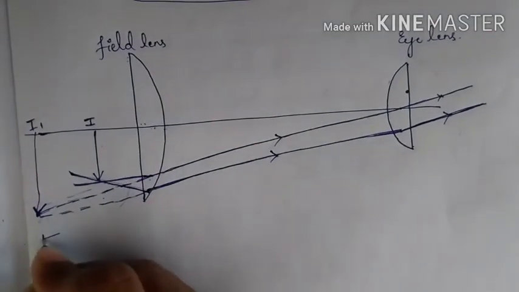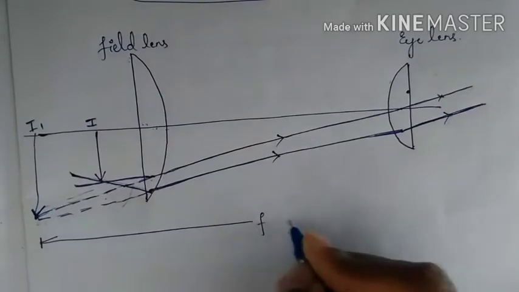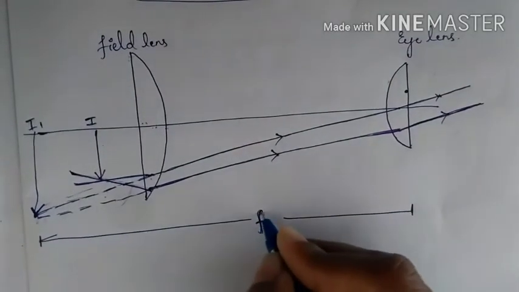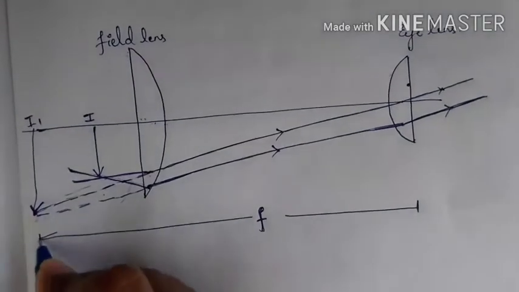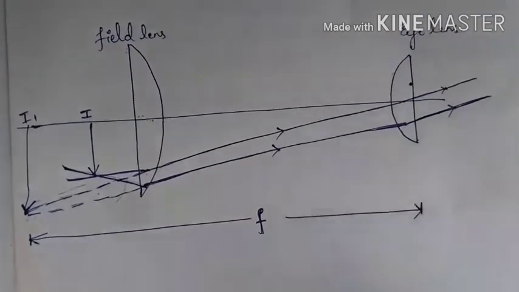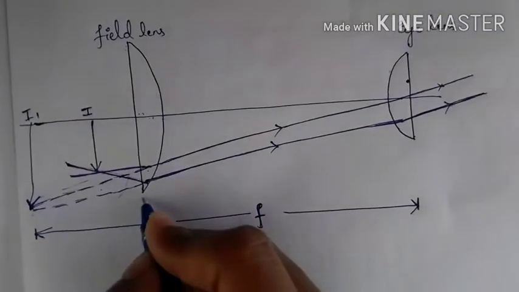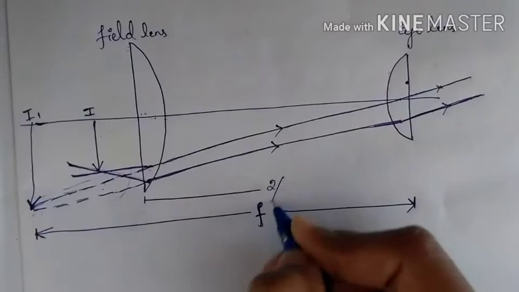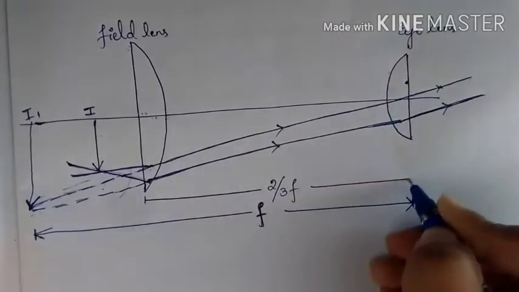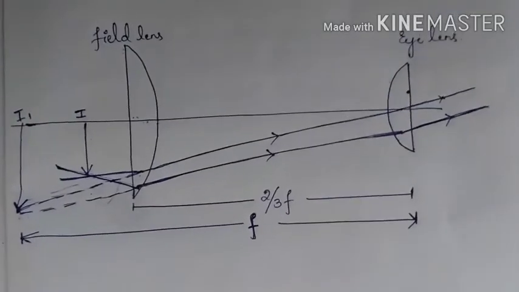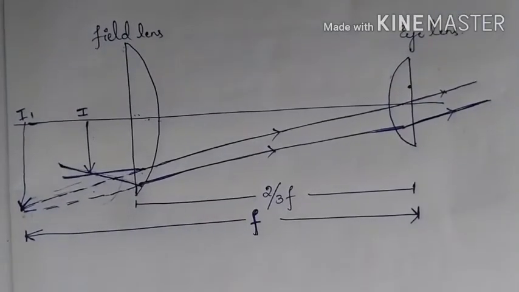From here to the eye lens is the actual focal length f, and the separation between the two lenses should be equal to 2/3 f. This is constant: 2/3 f is the separation distance between the two plano-convex lenses used in the Ramsden's eyepiece.